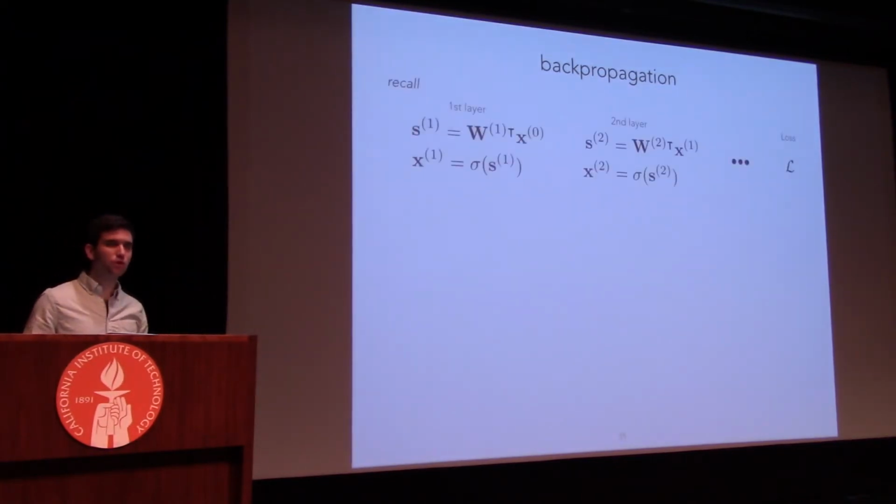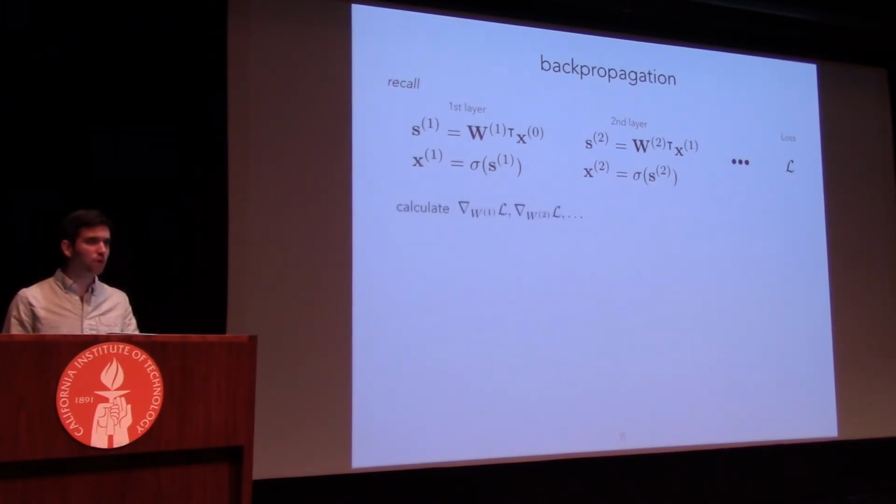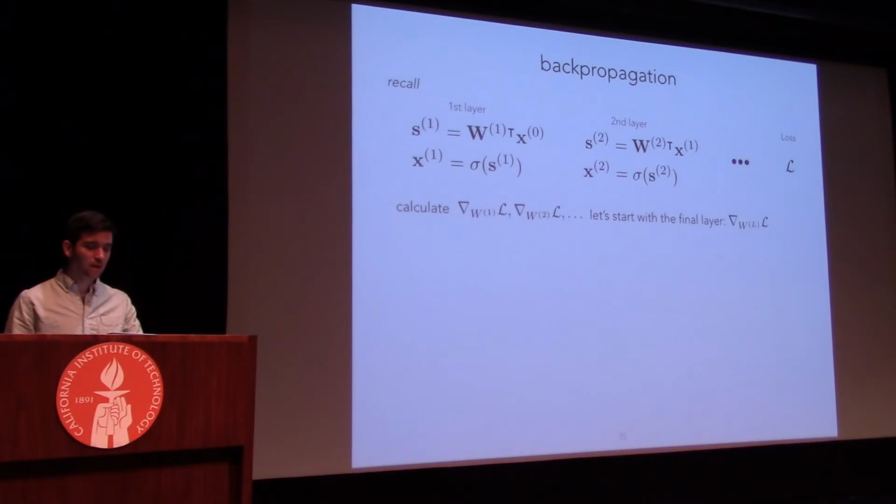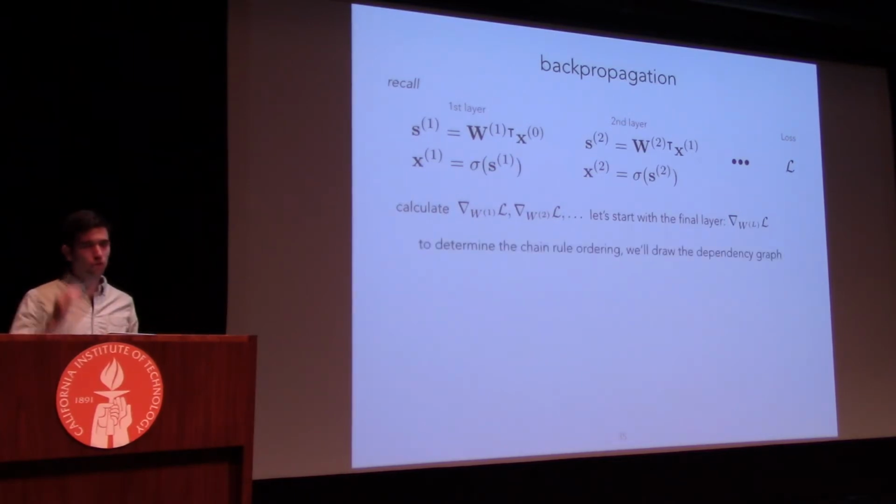So let's recall the form of our function. We had multiple stages of layers, where each layer is a linear decision boundary and then a nonlinearity applied to that. And we want to calculate these internal gradients, the gradients of these internal weights. So let's start by just looking at the last layer. In order to do this, I'd like to draw a computational dependency graph.